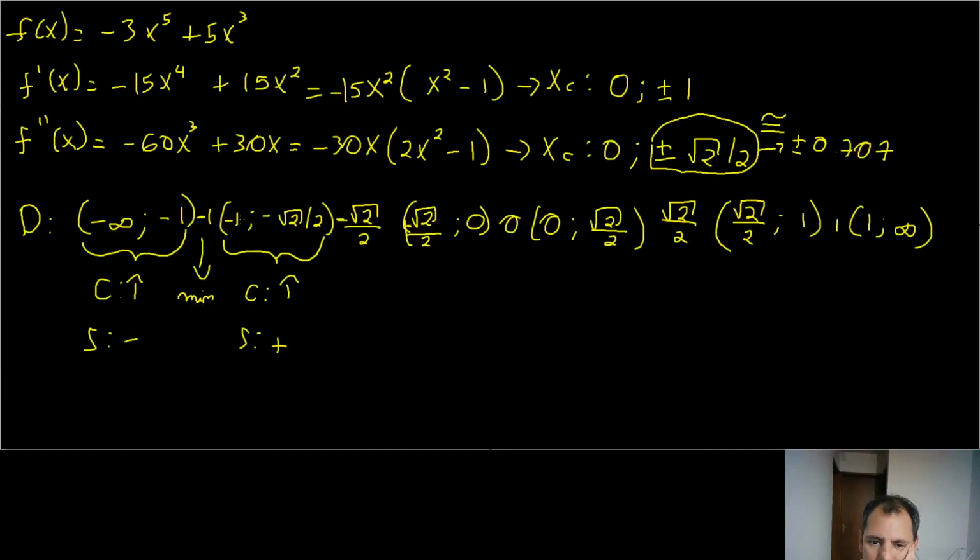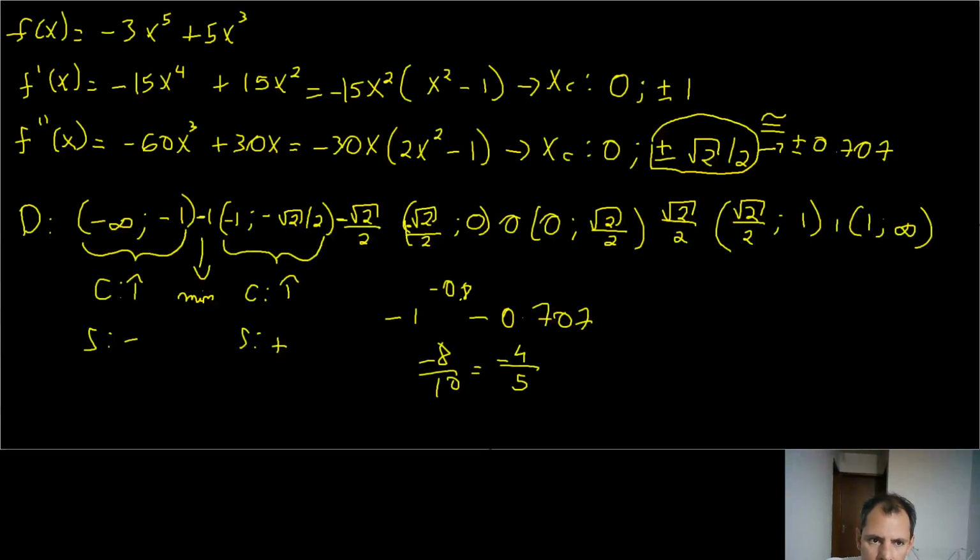You've got to find a number between minus 1 and minus 0.707. Let's put, for example, minus 0.8, which is minus 8 divided by 10, which is minus 4 divided by 5.